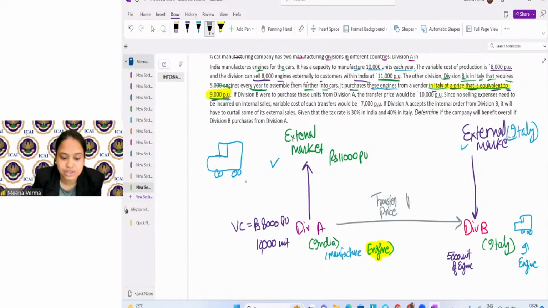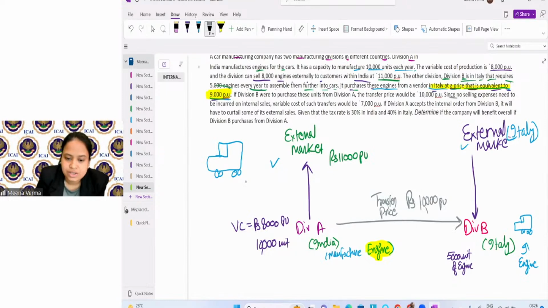It is mentioned that the transfer price will be rupees 10,000 per unit.